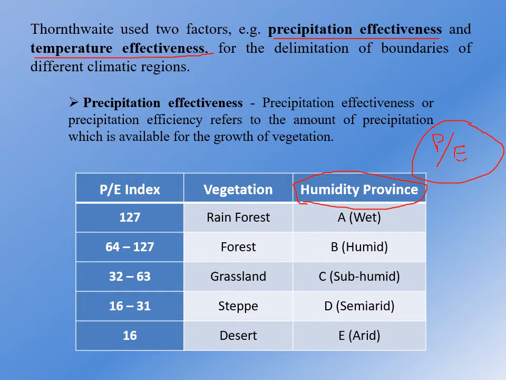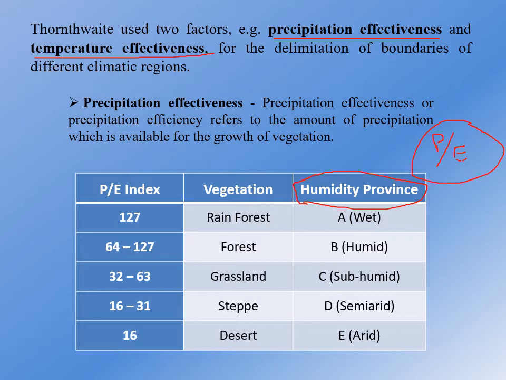Now, depending on this P by E index, that is the different precipitation effectiveness index, depending on this value, Thornthwaite first proposed the world climate into 5 different provinces.